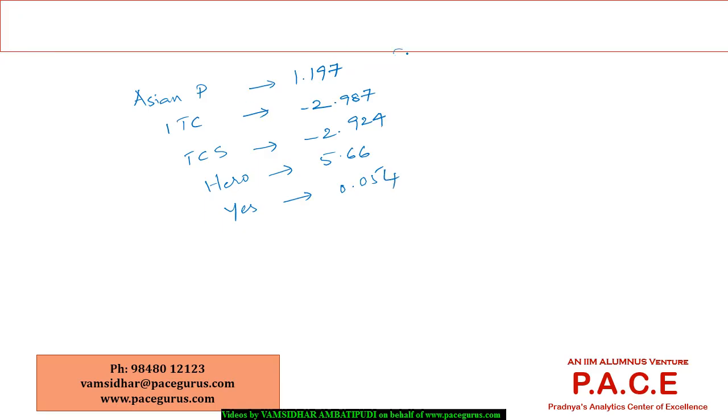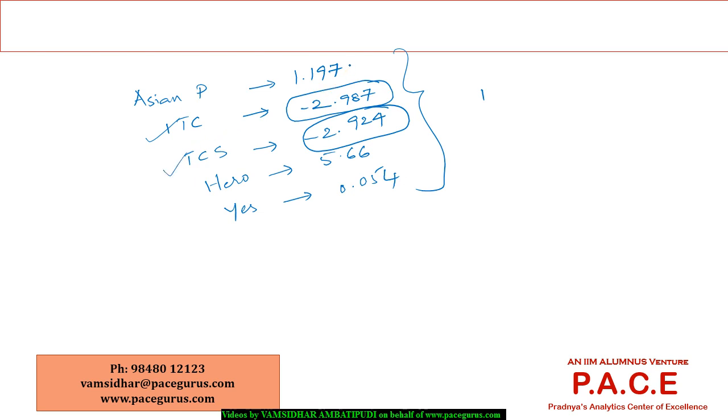If you add all these weights, it will definitely come to 1. So it's as good as saying you short 298% of your invested money in ITC, and you short 292% in TCS.